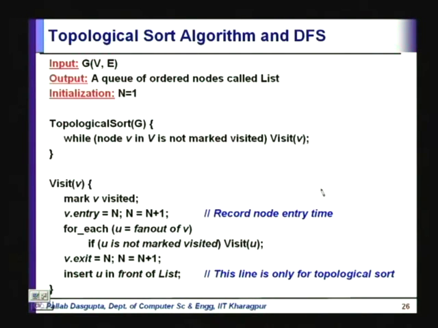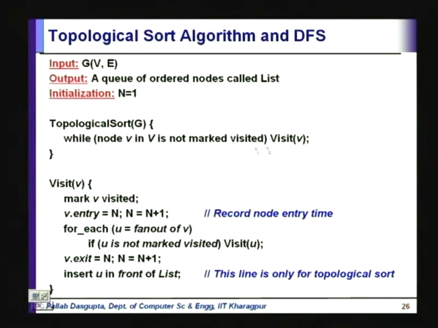This is the algorithm pseudocode. So, we maintain a queue of ordered nodes called list. We initialize n to 1, and then this is the topological sort algorithm, which simply looks for nodes in V which are not marked visited, and then it visits V. All right.